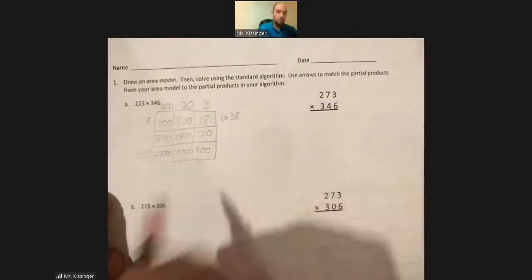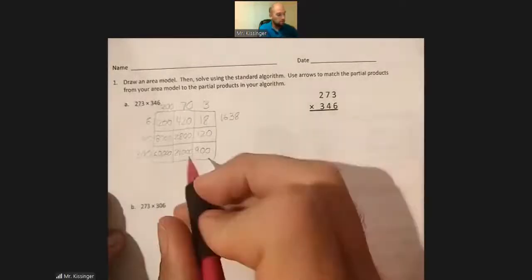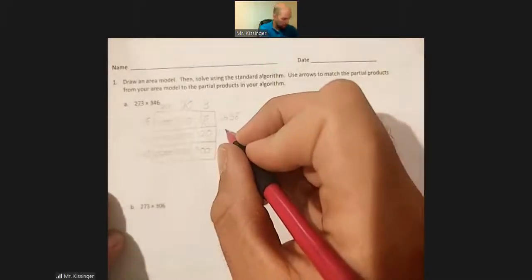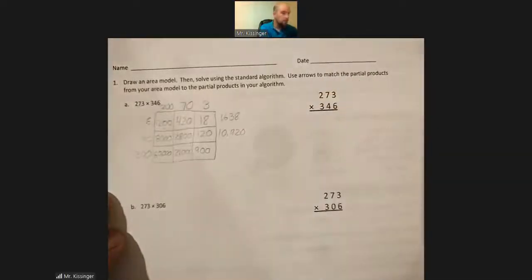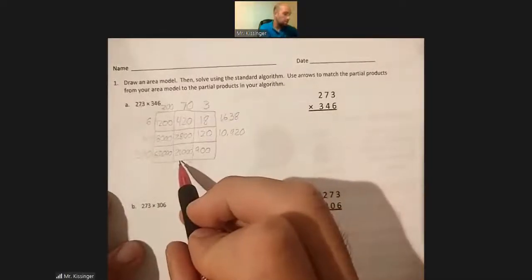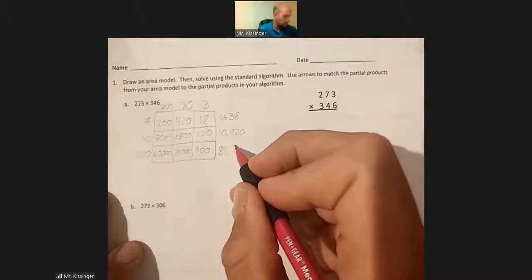And then our second row, we have 8,000 plus 2,800, which would be 10,800 plus 120, 10,920. And our last row, we have 60,000 plus 21,000, gives us 81,000 plus 900, which is 81,900.